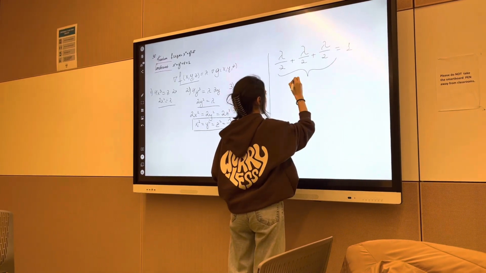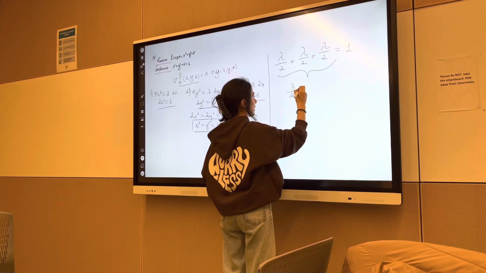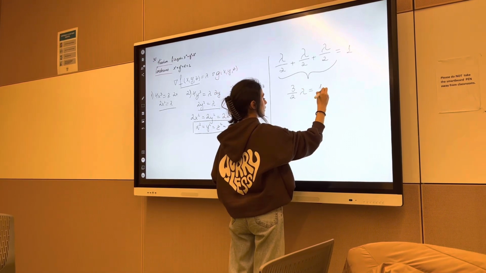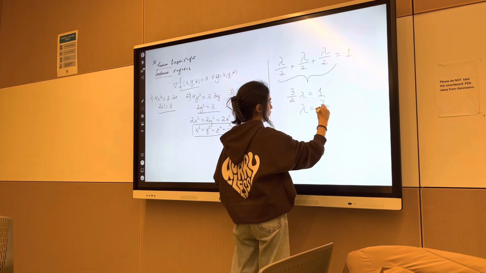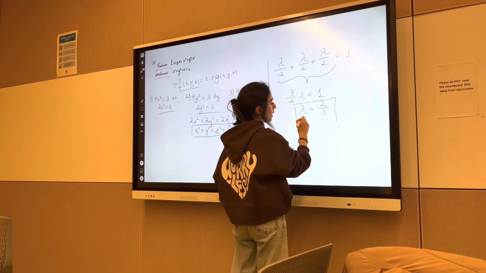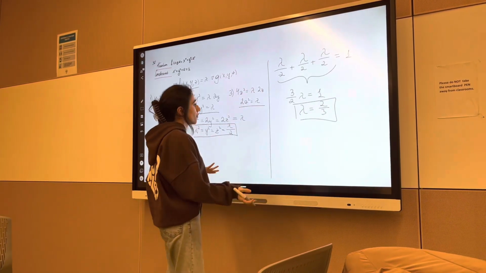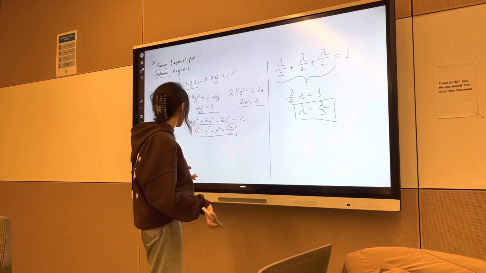This is 3 over 2 lambda equal to 1, and from here we can say that our lambda is equal to 2 over 3.